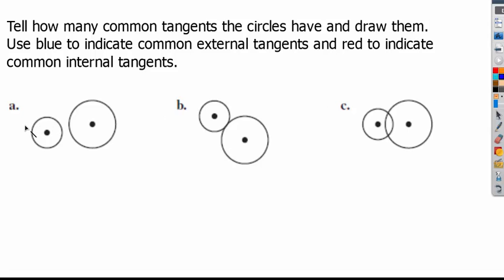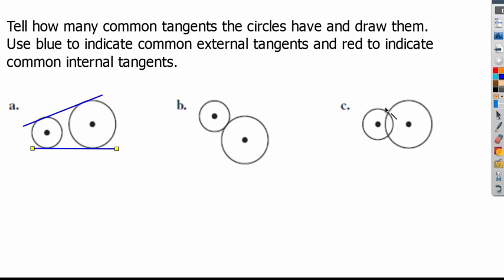So those external tangents, we're going to have one that goes kind of this way, and another one, and hopefully I'll catch it. This guy should have moved down a little bit. So those are external tangents, so they're in blue.